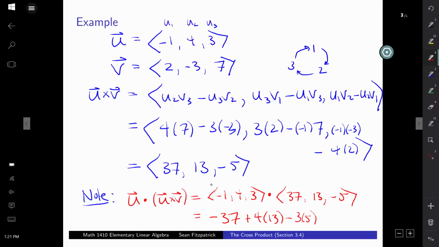So 4 times 13 is 52, 26 plus 26. This, of course, is 15. So minus 37 minus 15 comes out to minus 52, added to 52. This does indeed give us 0 as we expected. You could check for the vector v if you want, but we'll just do the one.